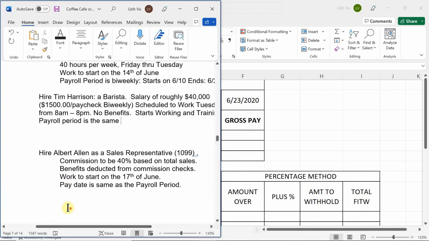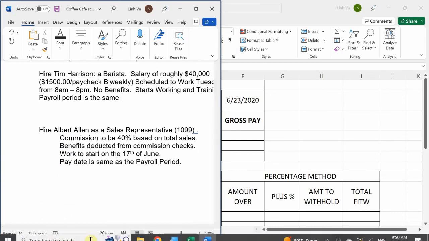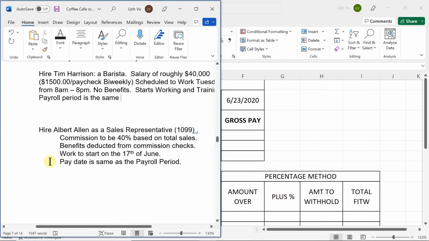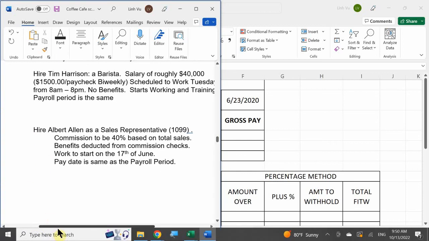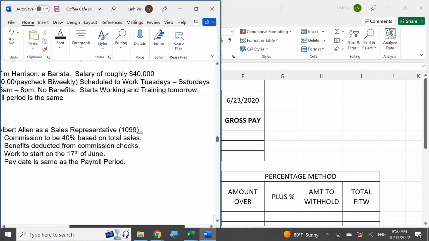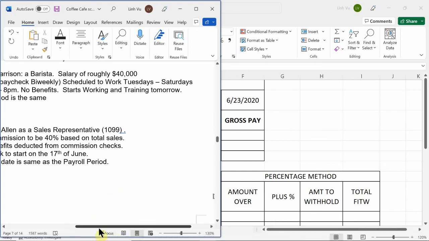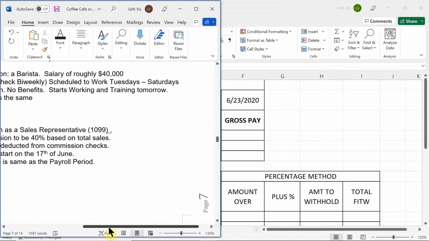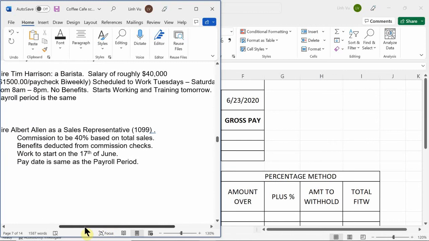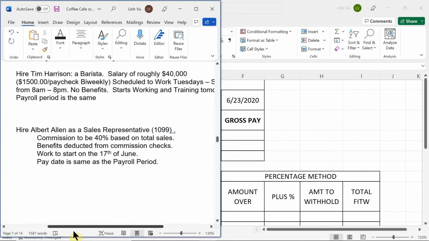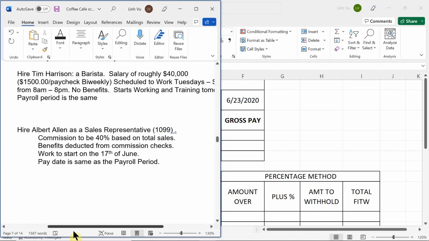All right. And last but not least, we also end up hiring Albert Allen. Okay, Albert Allen as a sales representative, aka a 1099 worker. Okay, so he is just simply going to be there to help us be also a wholesaler, right? We're going to have Albert act as a person who's going to help us sell our coffees by the pound.